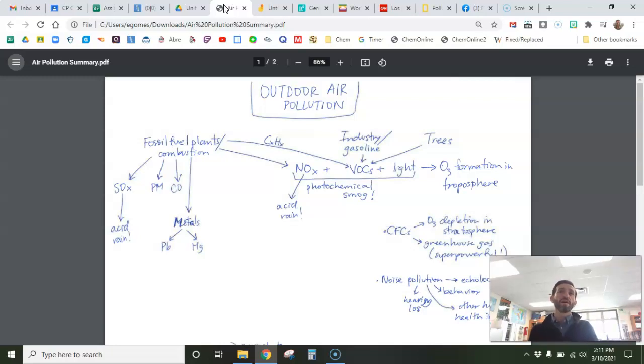Mercury from coal plants can go into the air, and then it can be washed down in rain. And then it goes into the watershed, and that's the issue of biomagnification. Your plankton will consume it, and then the fish, and then we eat the fish.